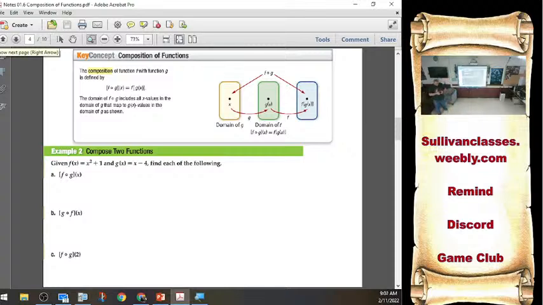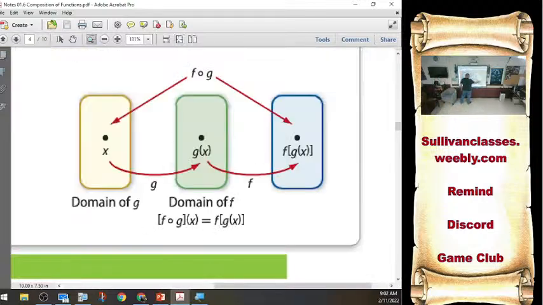See, if the function rule is just an expression, then I'm allowed to take that expression and put the entire expression, combo meal, in for x somewhere else. So you remember those as f of g of x. Okay? So it's written like this, but what it means is normally I have f of x.